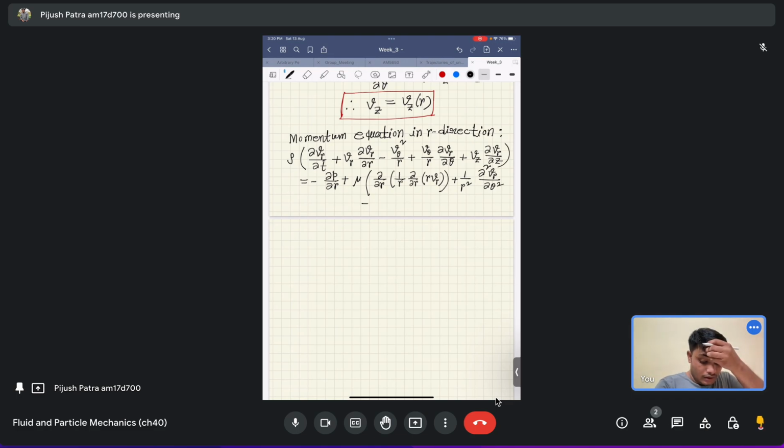so 1 by r square dou 2 Vr by dou r divided by 2 by r square dou v theta by dou theta.